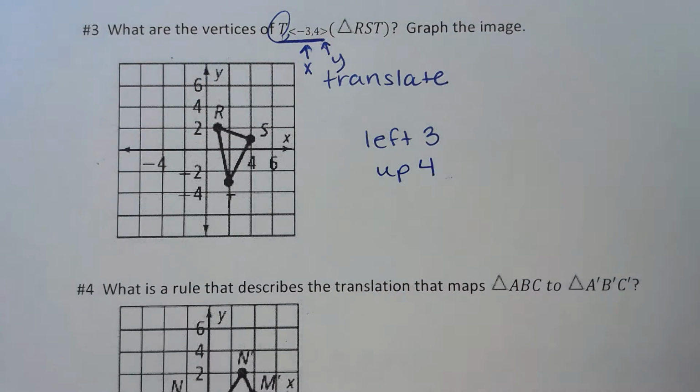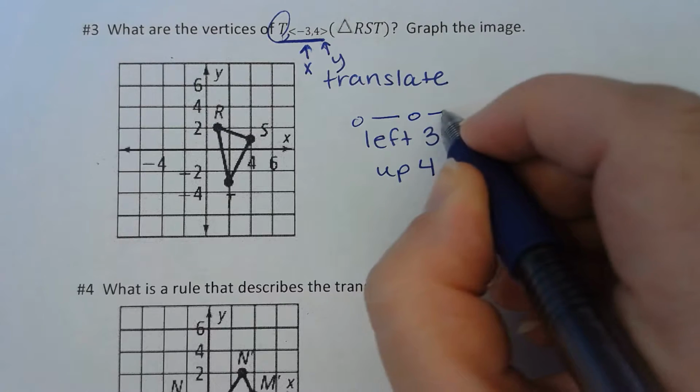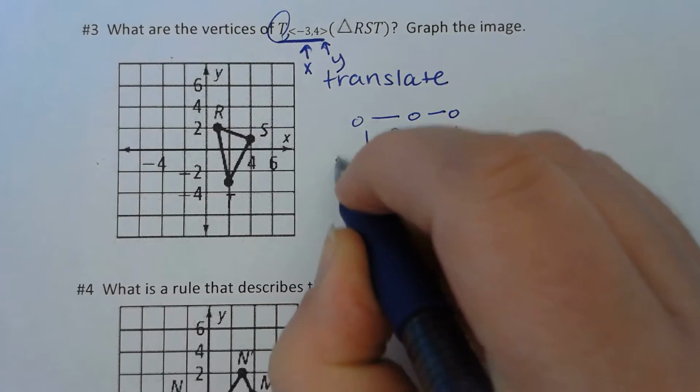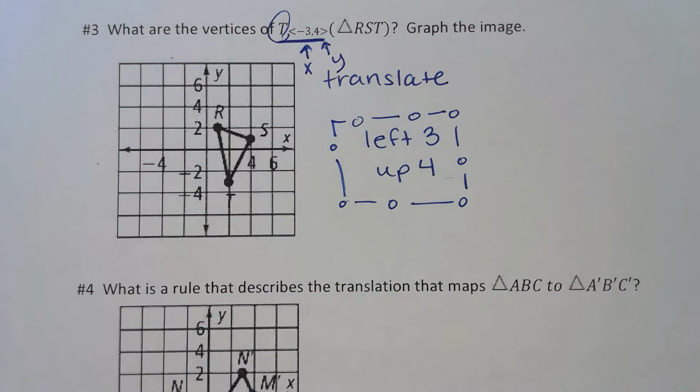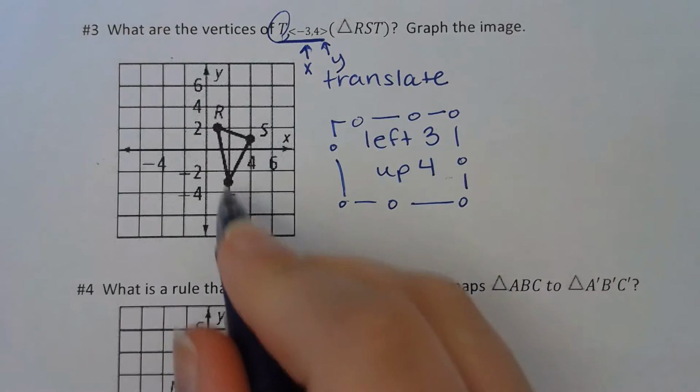Up 4. So this is the main gist of what we're doing when I'm transforming this. Okay, I'm going to be moving it left 3 and up 4. So let's go ahead and take that and apply it.